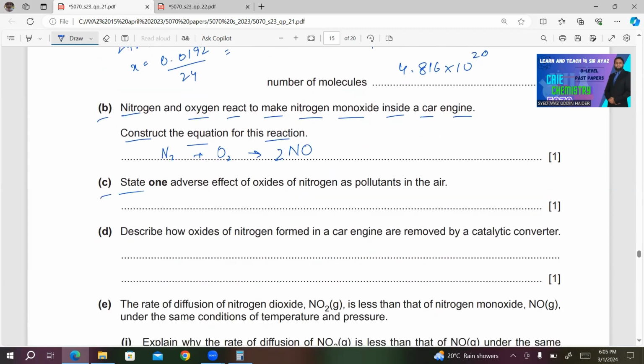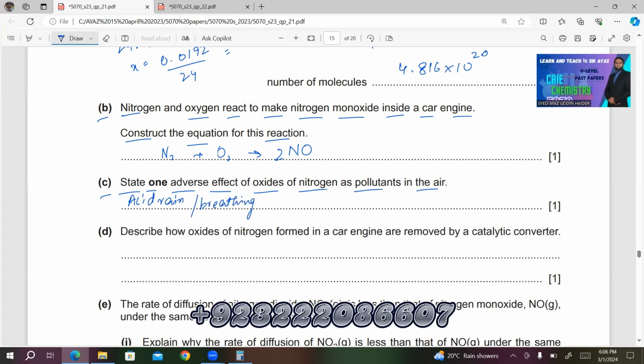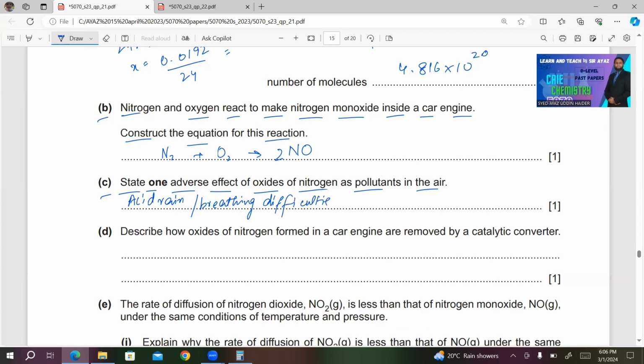C. State one adverse effect of oxides of nitrogen as pollutants in the air. You can write any one of these. You have acid rain, or breathing difficulties, or respiratory problems.